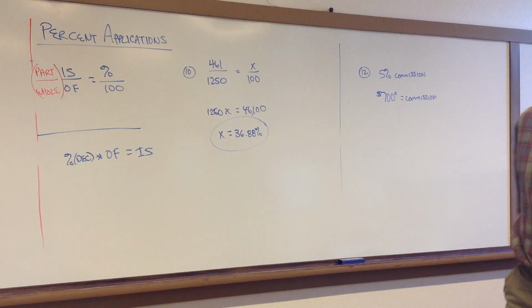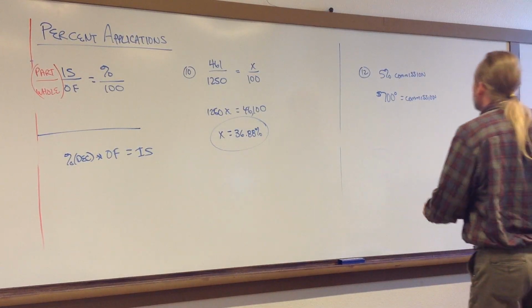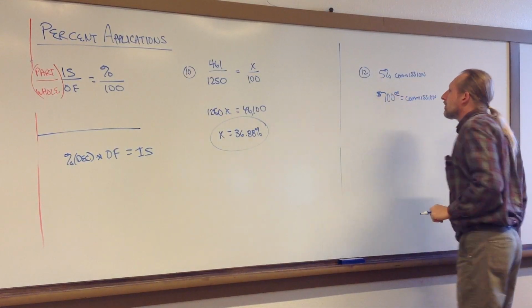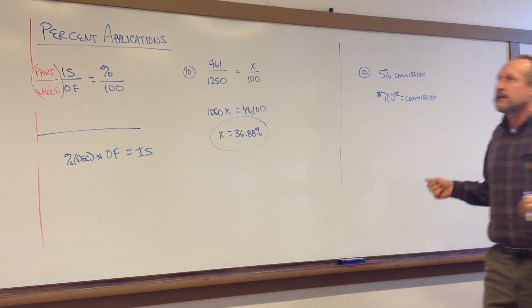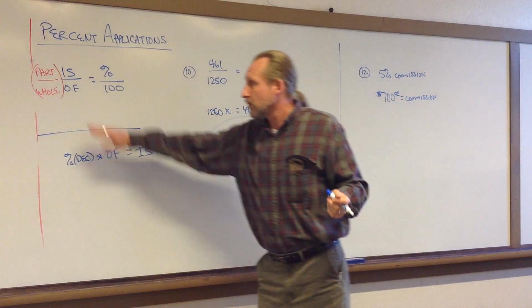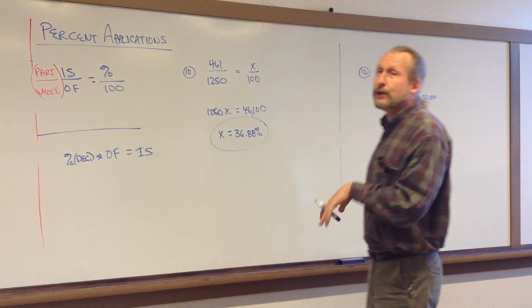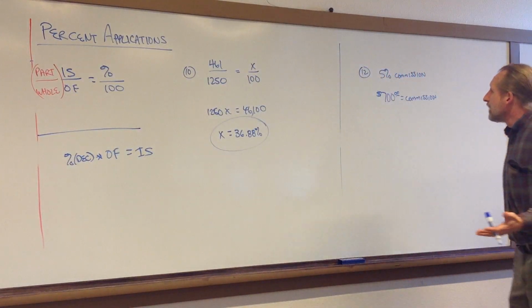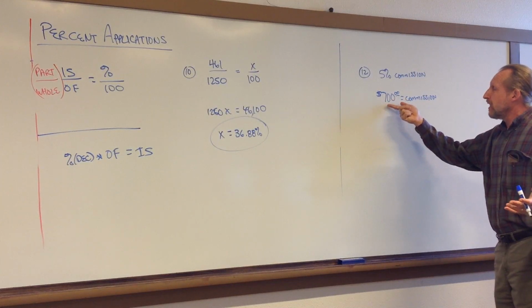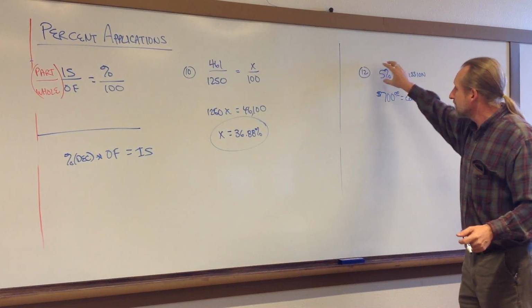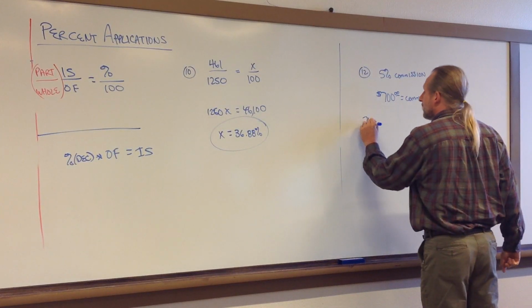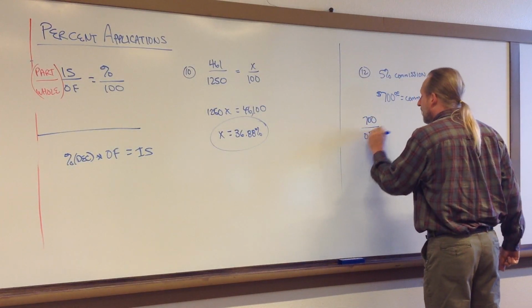So this one, it's not as obvious immediately what we're looking for. Okay. If you recognize right away what we're looking for, great. Okay. In this case, it turns out we're looking for of. Okay. We're looking for the total sales because this number 700 is 5% of those sales. So this is the is, this is the percent, and we're looking to find the of.